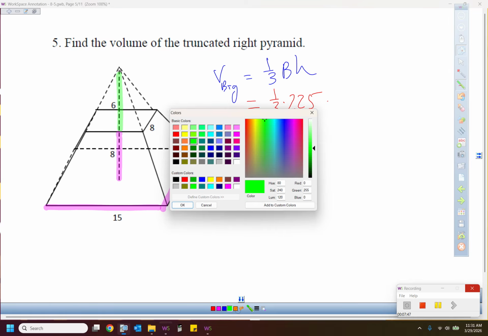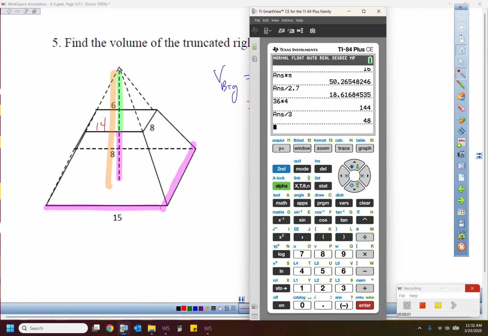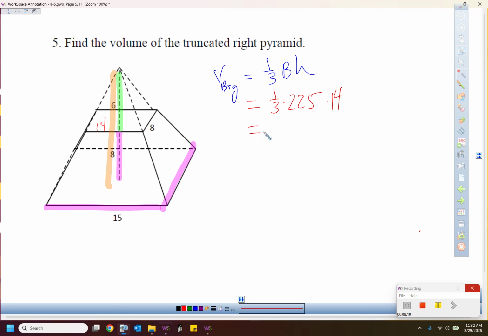We have to put those together and get this entire orange thing right here, which is 8 plus 6, which is 14. So we will multiply the 225 times the 14, and then we will divide by 3 to use that 1/3 and get the volume of the big is 1,050.